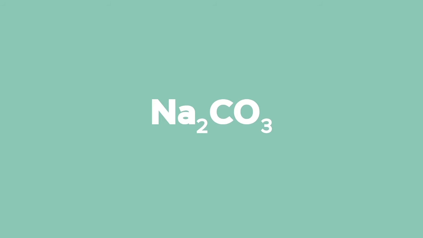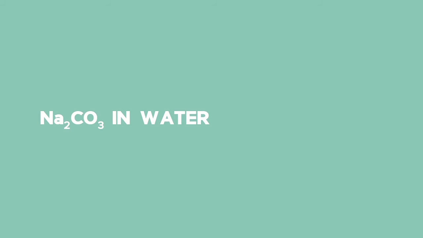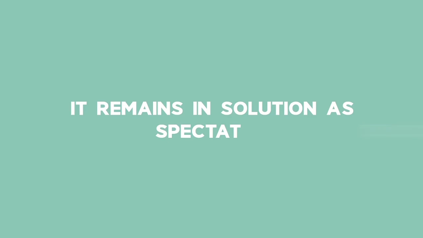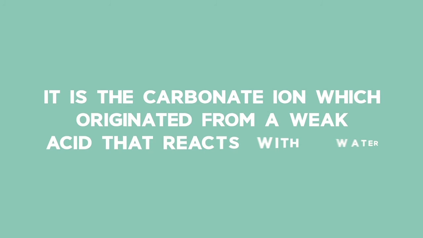Let's take sodium carbonate as an example of hydrolysis. In water, sodium carbonate dissociates into its ions, sodium and carbonate. The sodium ion does not react with water. It remains in solution as a spectator. It is the carbonate ion, which originated from a weak acid, that reacts with water.